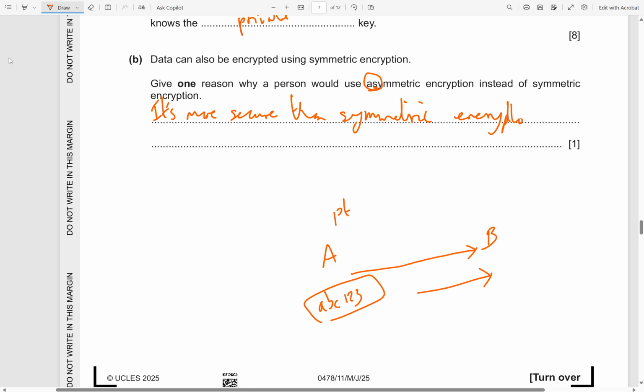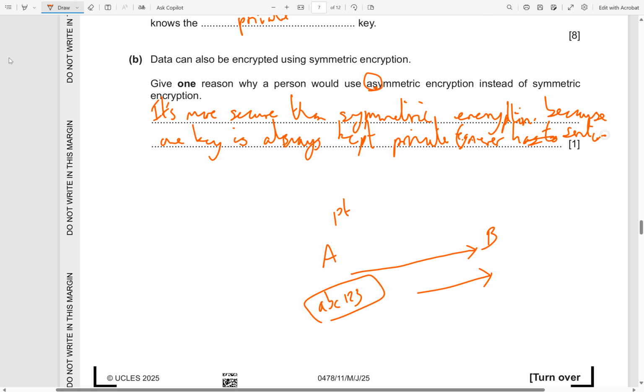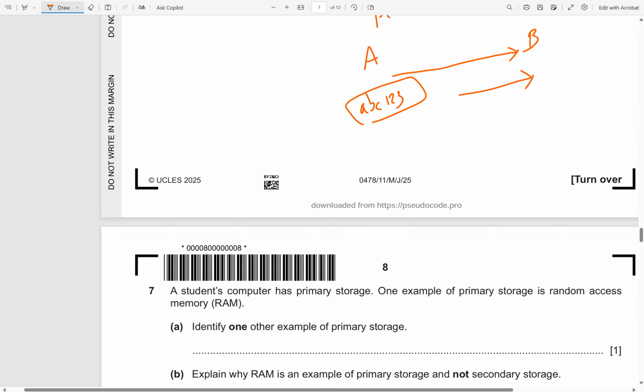Because one key is always kept private, and never has to be sent over the network, for example. Never sent over a network. I think that makes sense.